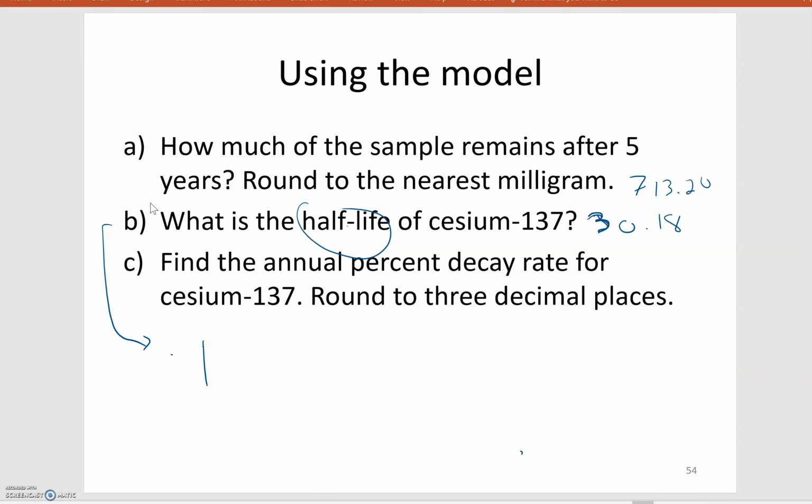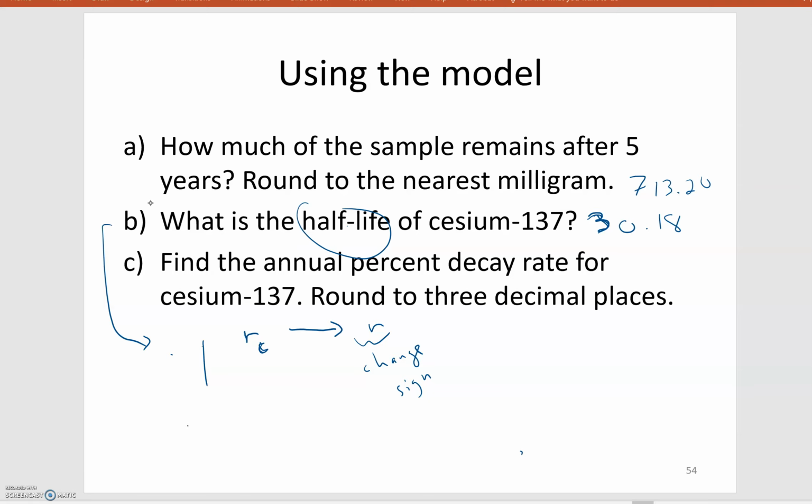Okay. Let's find the annual percent decay rate. So this is basically finding, it's a little complicated because, you know, we've got RC. We're going to find R, but technically remember R is the growth rate, and so then we're going to change the sign once we get R. That's the way I'm going to approach this.